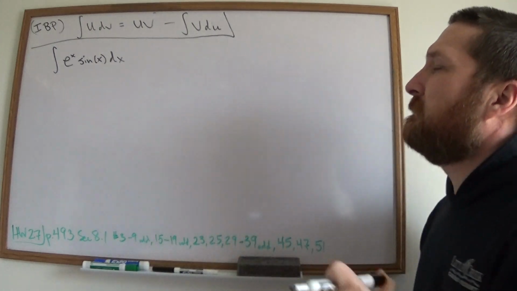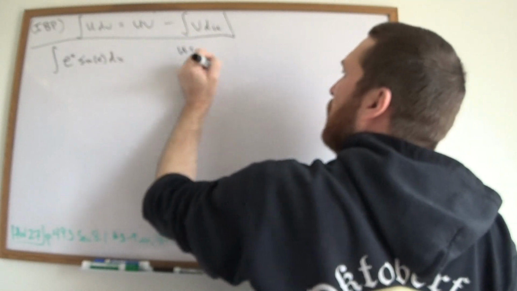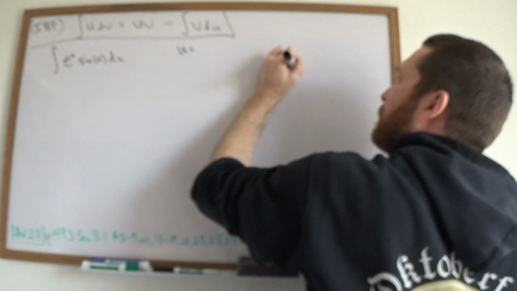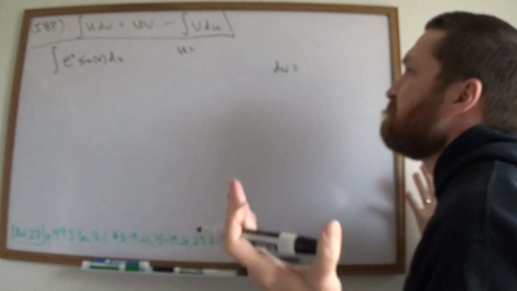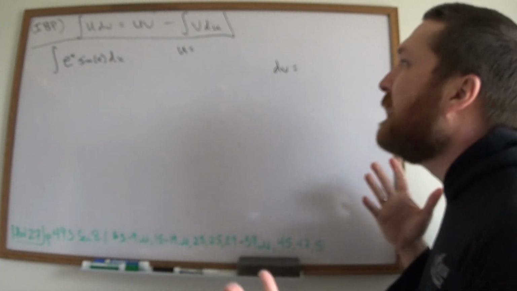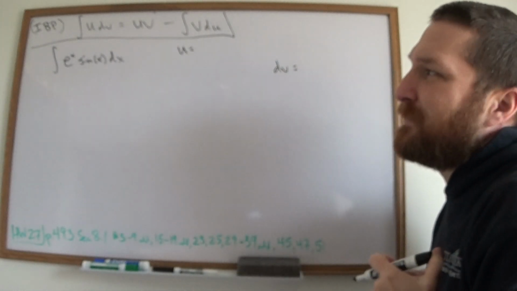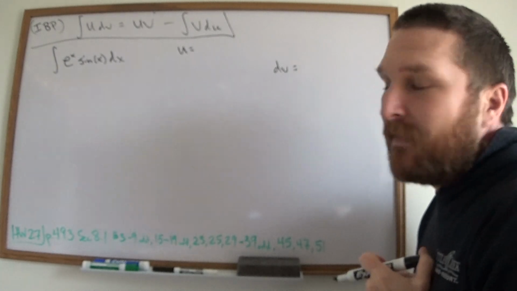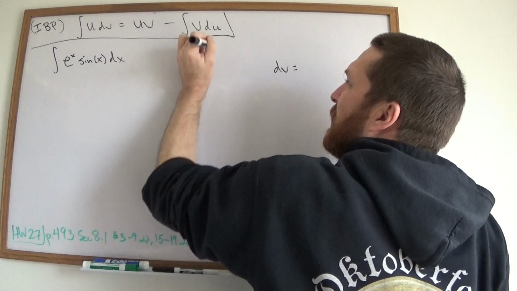So, okay, let's just try. We need a u and we need a dv. Either way we do it, it's going to be about the same regardless of what you choose to be what. So I'm going to say the u is going to be the e to the x.